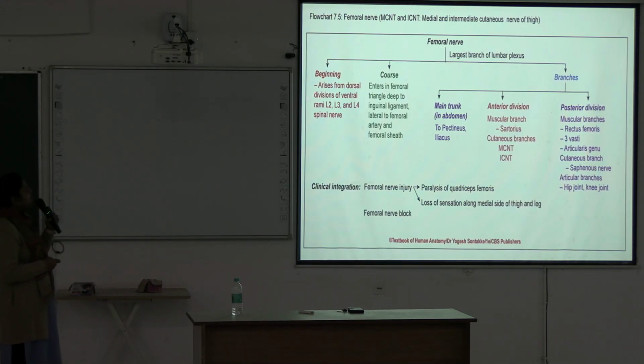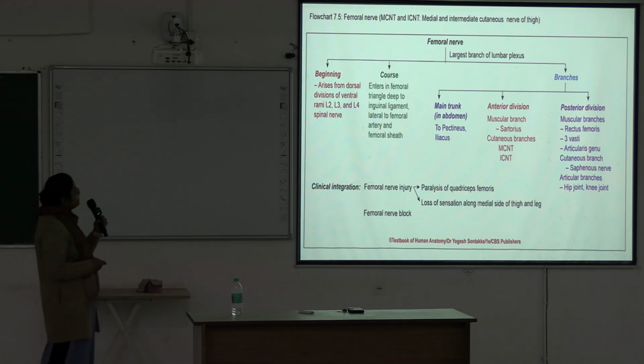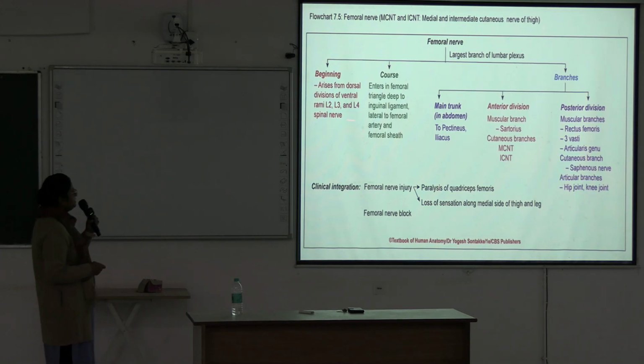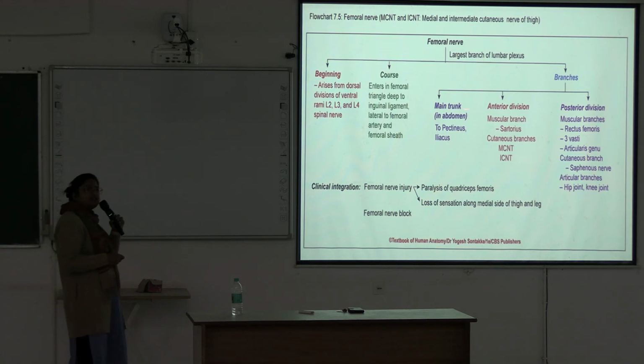Beginning: arises from the dorsal division of ventral rami of L2, L3, L4. These terms are important: coming from the dorsal division of ventral rami. Okay. Asked in your viva, actually all these, or comes in MCQs. Course: enters the femoral triangle deep to the inguinal ligament, lateral to the femoral artery and femoral sheath. These are the branches.